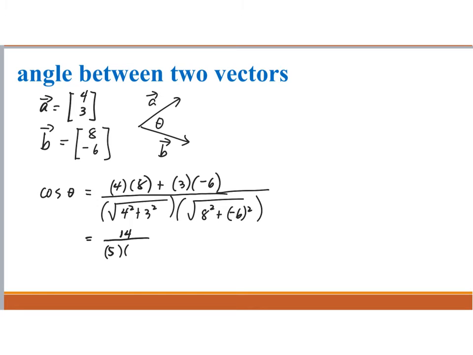This is 64 plus 36, 100, so the square root is 10. So cosine theta is equal to 14 over 50.